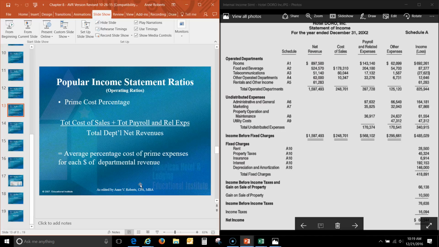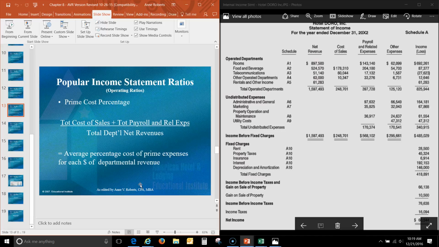Okay? Now, again, these last three slides are all related, and this prime cost percentage is what pulls it all together. Okay? Because this prime cost percentage is now going to add total cost of sales to payroll and related expenses.